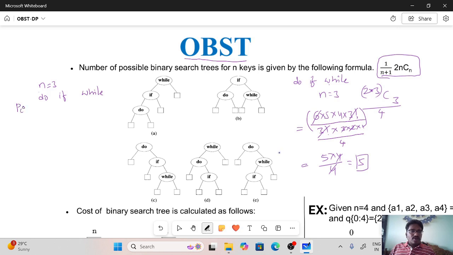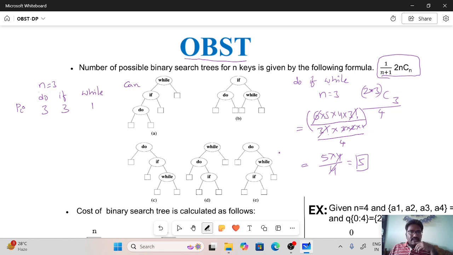The frequency for searching do is maybe 3, if maybe 3, and while maybe 1. If you observe clearly, when you construct the binary search tree and search for a word like can, where will can be found in the binary search tree? We know the principle.